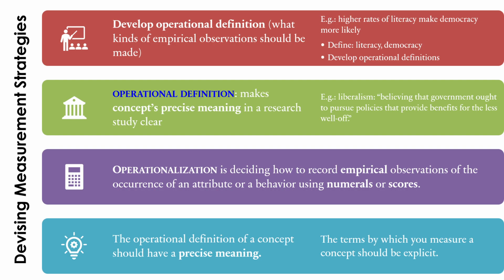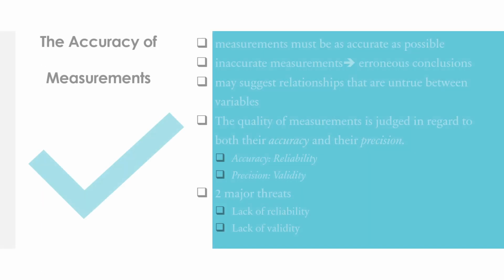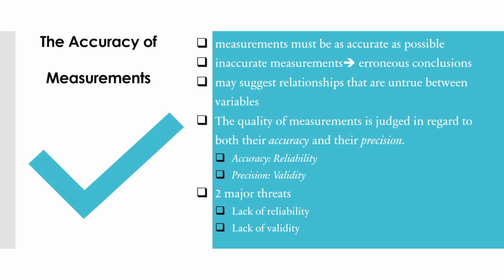We talked about the accuracy of measurements, so they must be as accurate as possible, because inaccurate measurements may cause erroneous conclusions. This is especially important with things like medication, or if you're building a building.